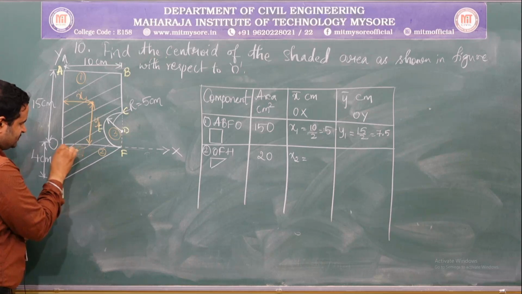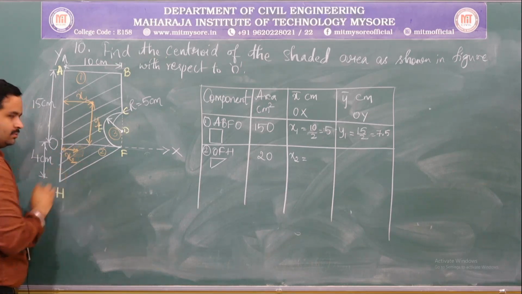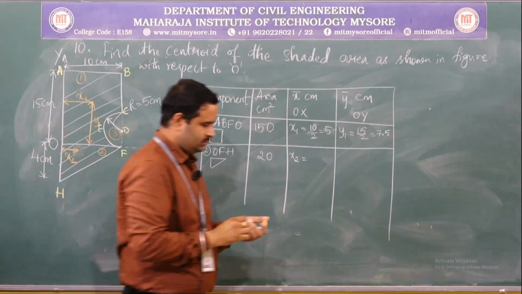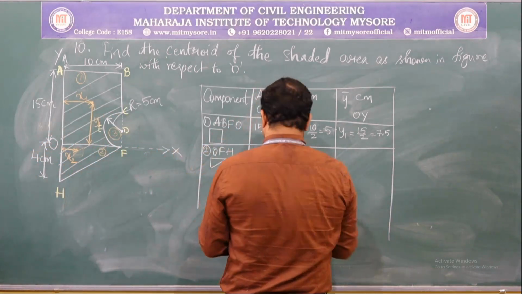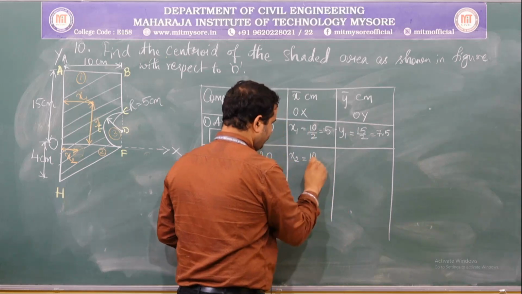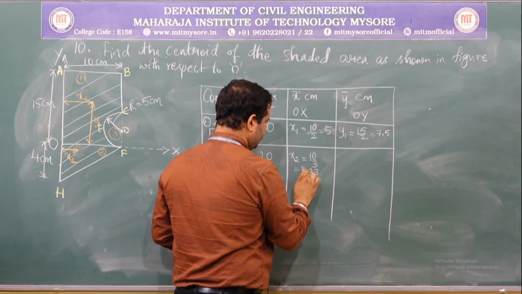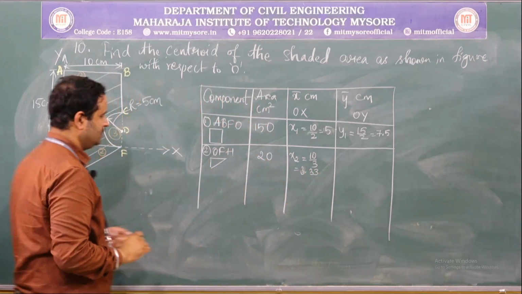So, this is our x2, you are measuring with respect to OY, x2 is nothing but 10 by 3, 3.33 centimeters.